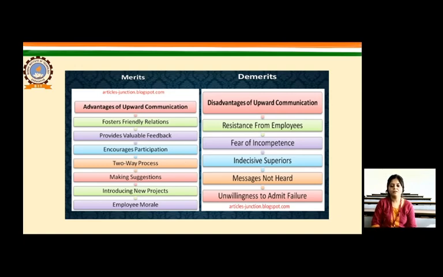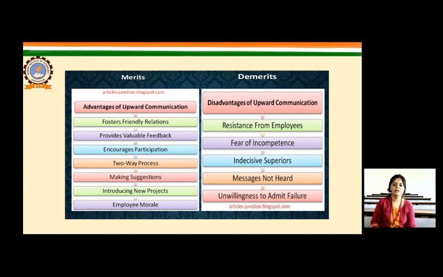Indecisive superiors: at times the superiors listen to them, but the superiors do not act on that, and so they are disappointed because they feel that they are being heard but they are not being listened to. They are being told, okay, you come forward to me and I will see to your problem, but the superiors are not doing something to solve their issues.